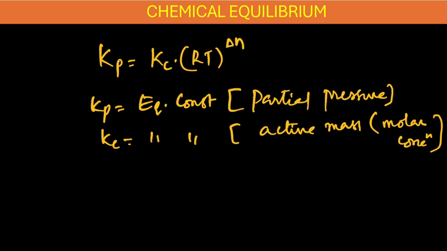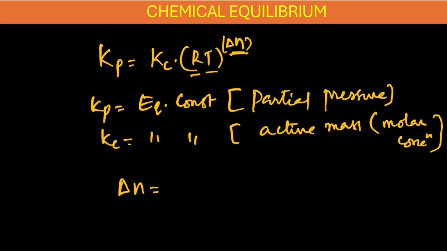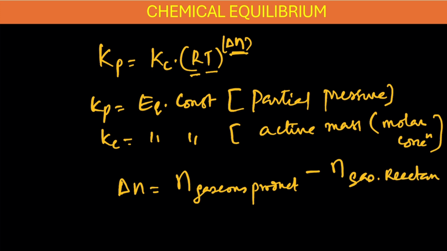Now, what is R? R is the gas constant, T is the absolute temperature, and delta n is the important one. Delta n is nothing but the difference between the number of moles of gaseous products and the number of moles of the gaseous reactants.